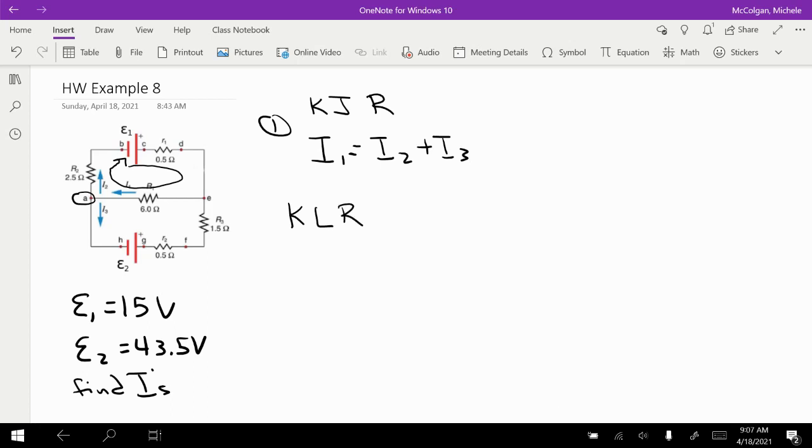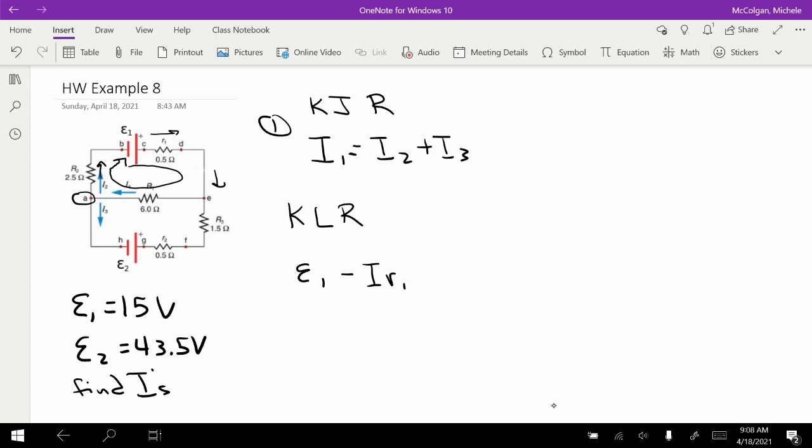Since I'm starting at B and going to C on the negative side of the battery, that gives me a positive E1, and then as I go around, I'm dropping voltage. I1 is the current all the way through until we get to E here, so I'm going to say minus I1 R1.